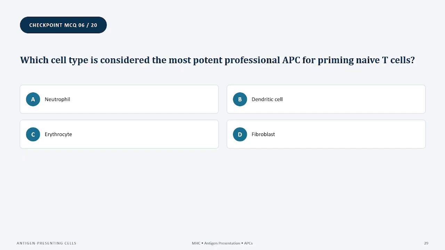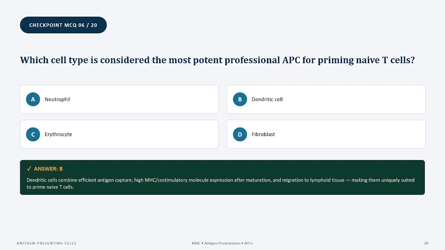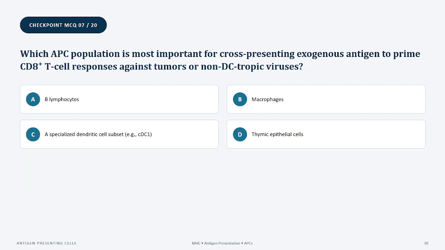Which cell type is considered the most potent professional APC for priming naive T cells? Yes, that's the dendritic cells. Which APC population is the most important for cross-presenting exogenous antigen to prime CD8 plus T cell responses against tumors or non-dendritic cell tropic viruses?